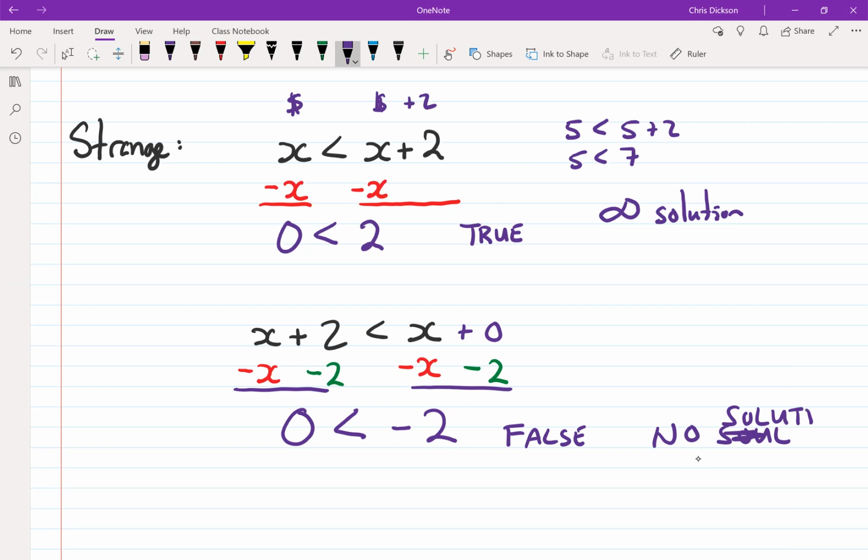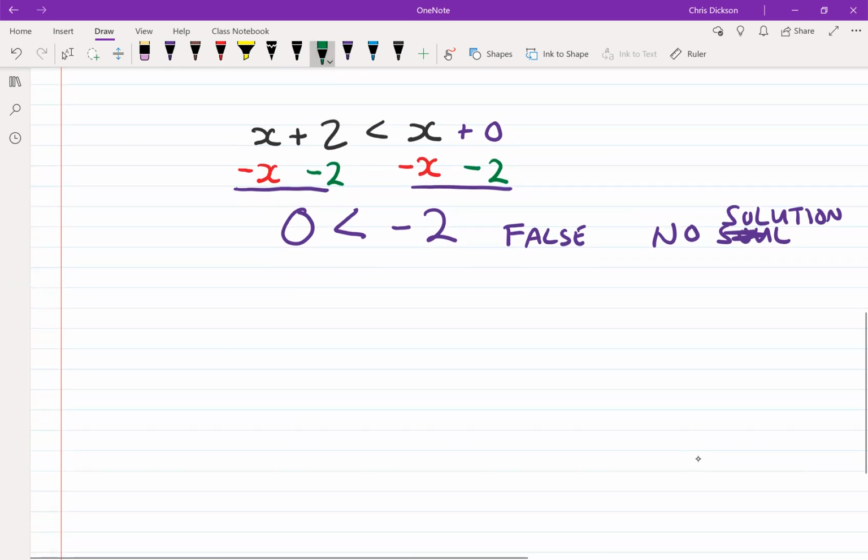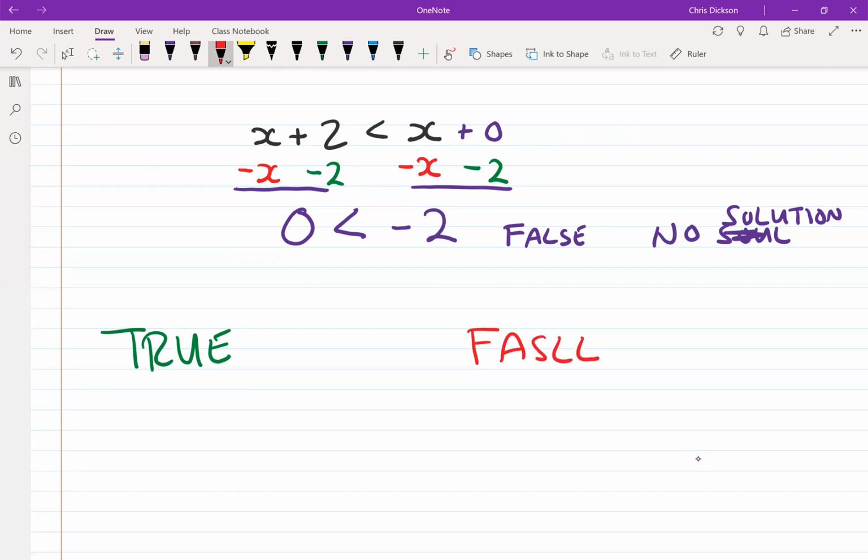So if you solve a question and the x's vanish on you, then you can get a true statement, or you can get a false statement. So this is when x, the variable, cancels.